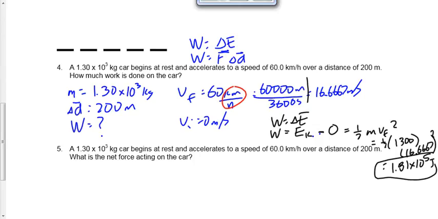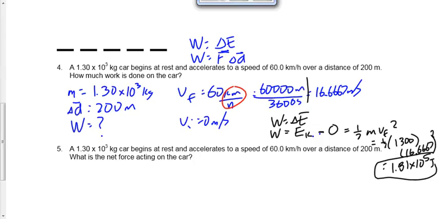All right, let's take a look at the last one here, number 5. A 1,300 kilogram car begins at rest and accelerates to a speed of 60 kilometers per hour over a distance of 200 meters. What's the net force acting on the car? This question sounds an awful lot like the last question, except that I don't see the word work in there.